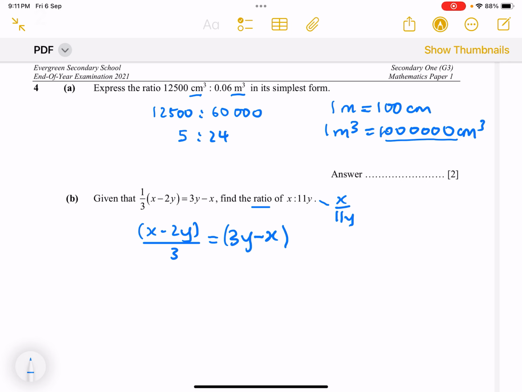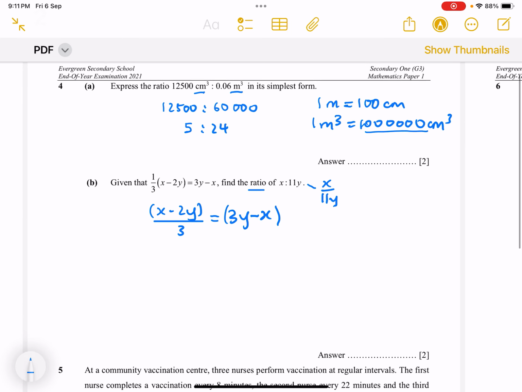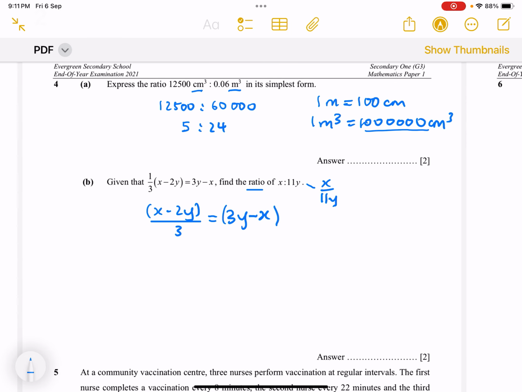Now the next question. Well, it's useful to write 1/3 (x minus 2y) as (x minus 2y) over 3. So when we write in this form, what we want is to find the ratio of x is to 11y, which is a fraction x over 11y. Now in this type of sum, we need to put x on one side and y on the other side.